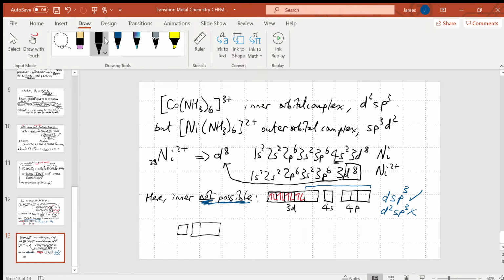sp3d2. Okay. So I'm going to get my red pen. Sorry, I haven't labeled the d orbitals. This would be 4s, 4p, 4d.